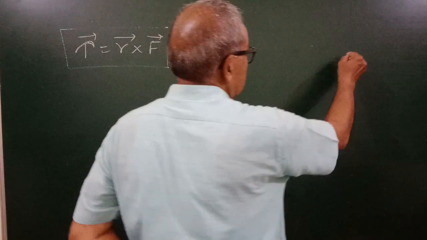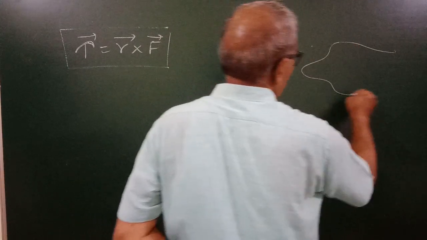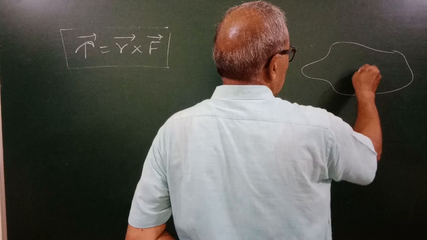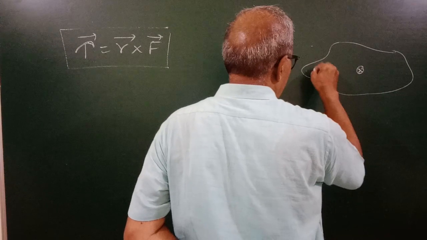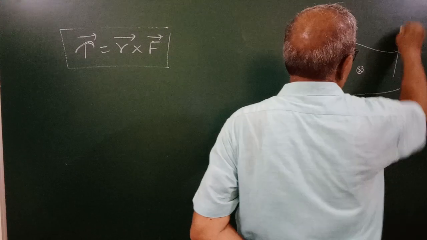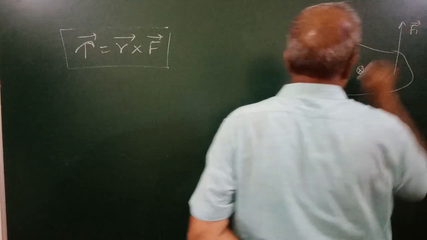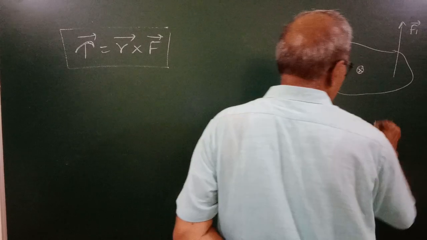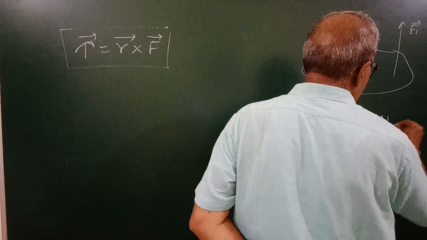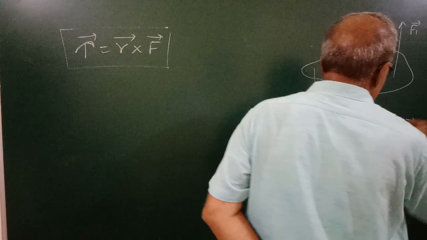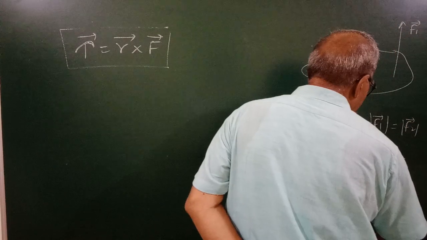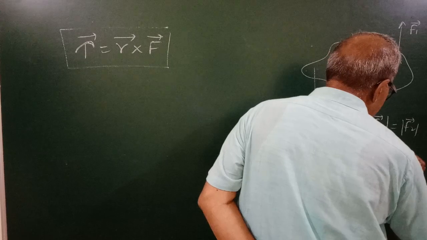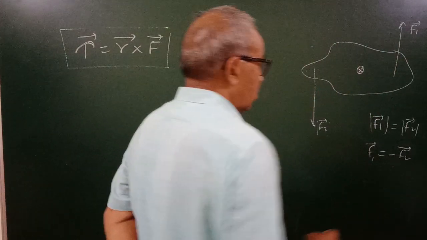Couple means pair. If two equal and opposite forces act on a body, suppose this is any body and free to rotate about this point, and one force acts this way, other this way. Both have same magnitude, F1 equal to F2 in magnitude, but their directions are opposite, F1 equal to minus F2.